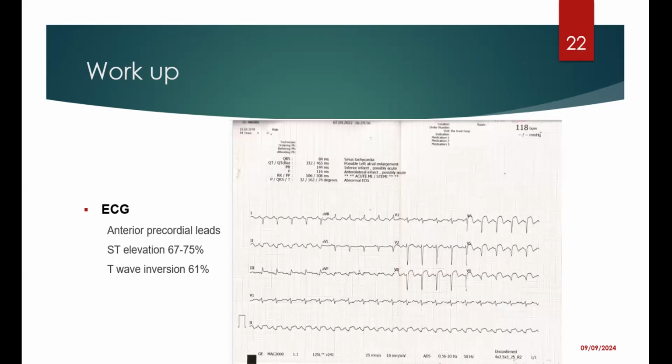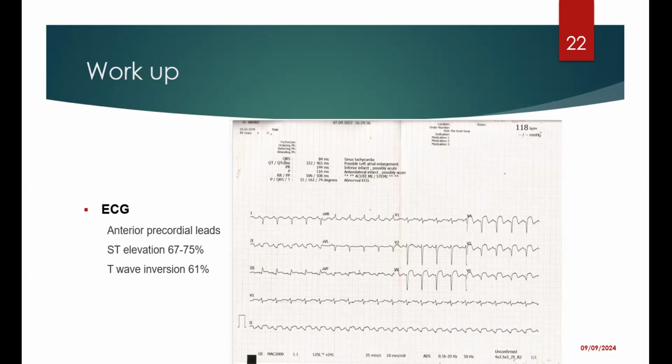This is an ECG showing ST elevation, from a patient that we managed back in 2022 for Takotsubo cardiomyopathy. At the time he was a 44-year-old male who presented with classic signs and symptoms of acute coronary syndrome, but the better diagnosis was Takotsubo cardiomyopathy.